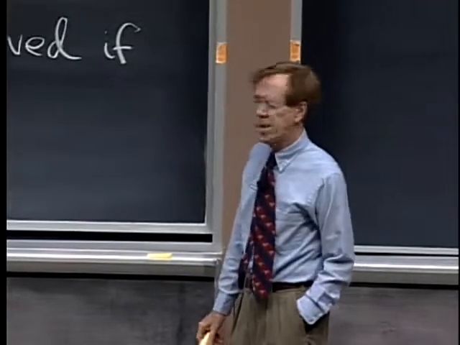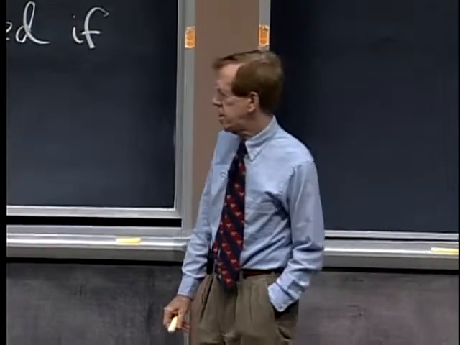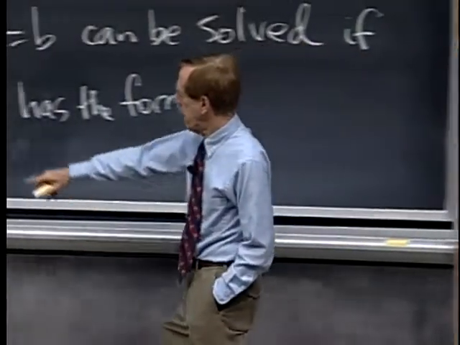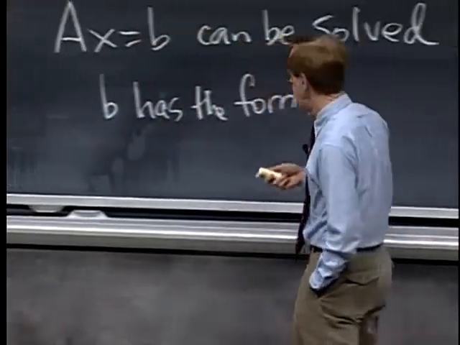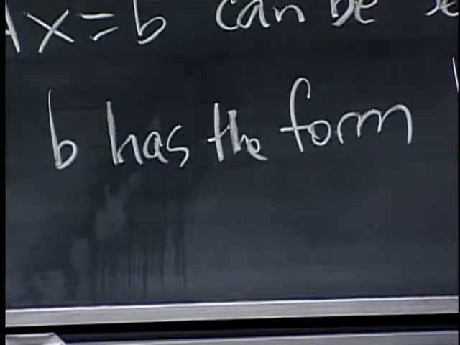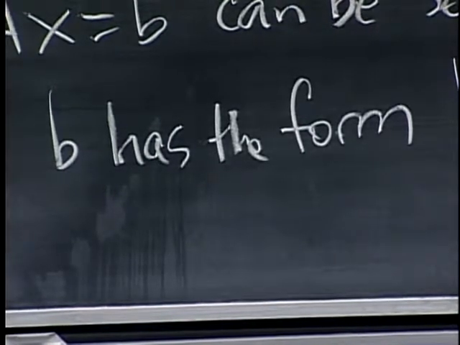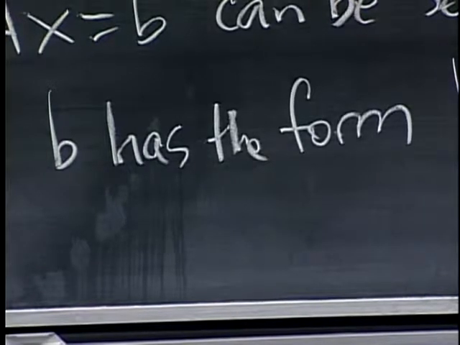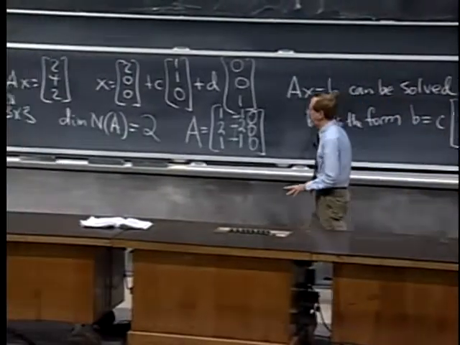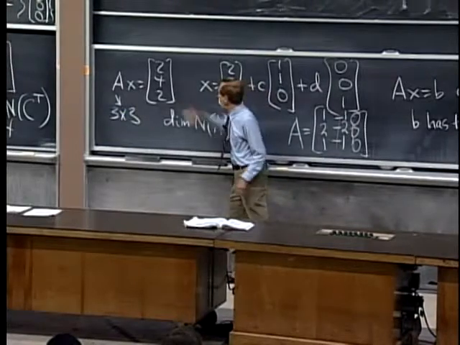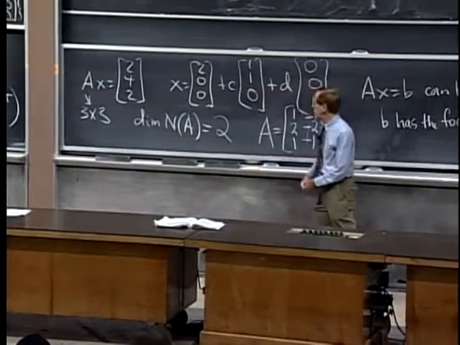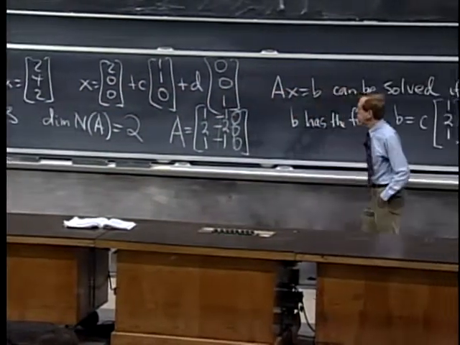It's all multiples. B is a multiple of 1, 2, 1, right? I can solve the thing if it's a multiple of 1, 2, 1, and of course, sure enough, that was a multiple of 1, 2, 1, and so I had a solution.